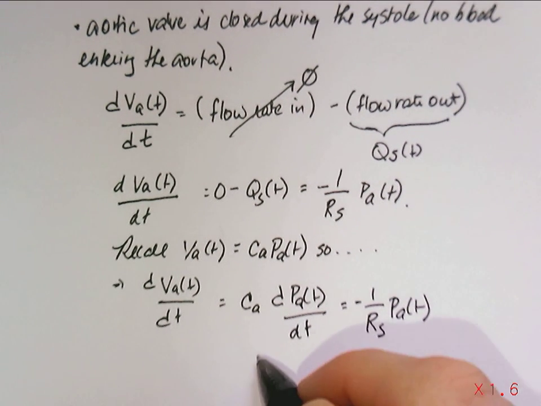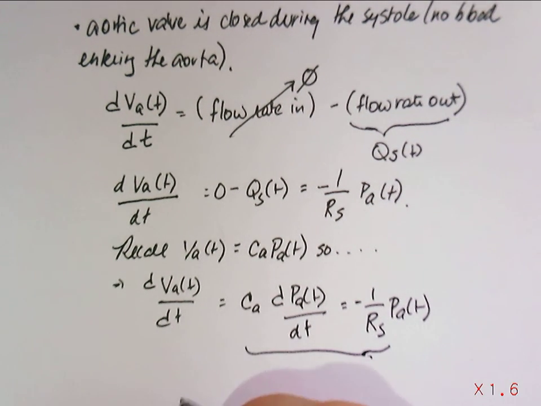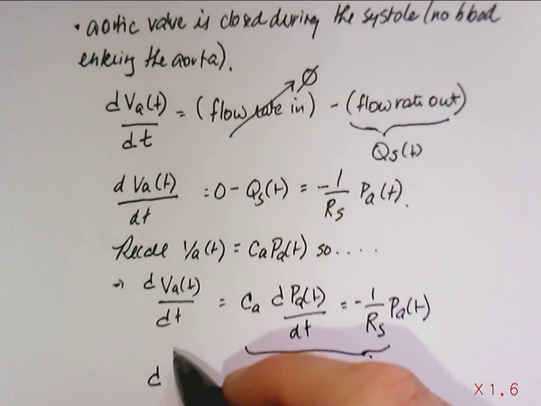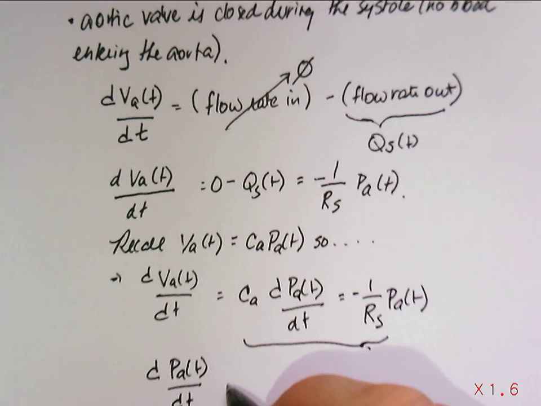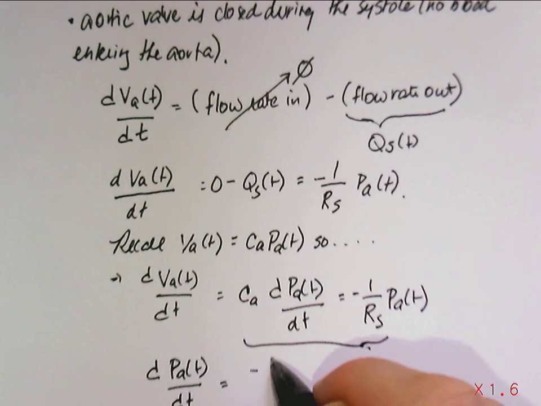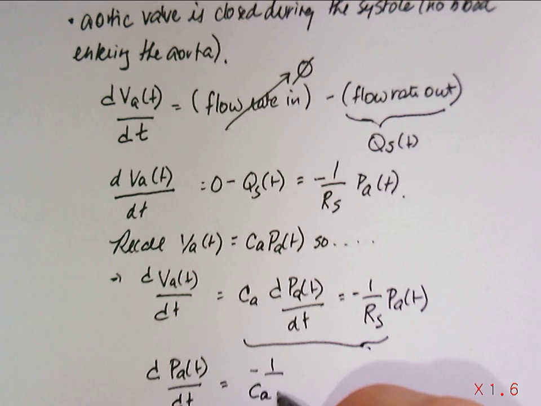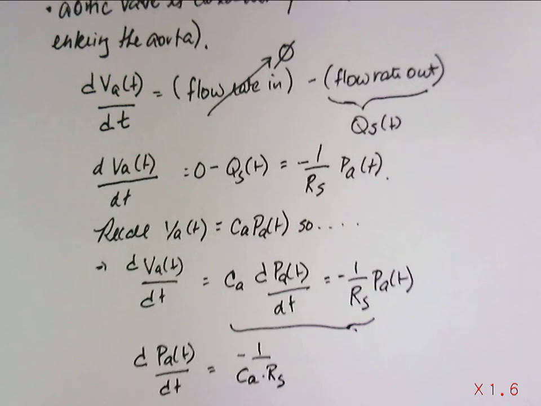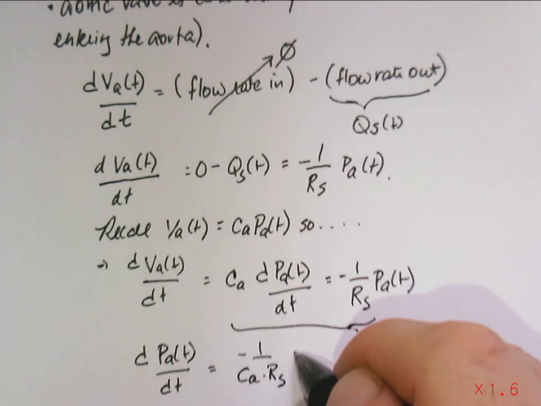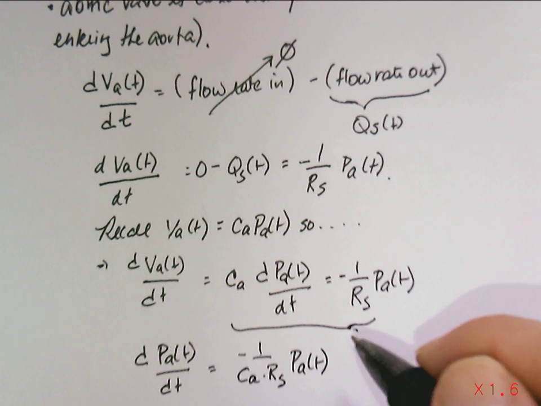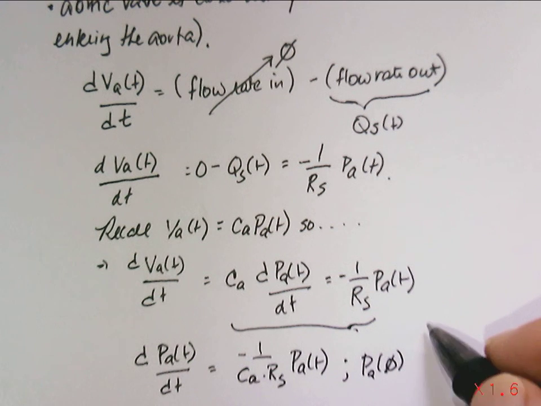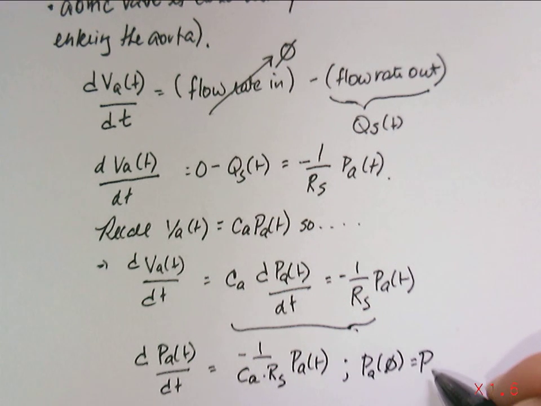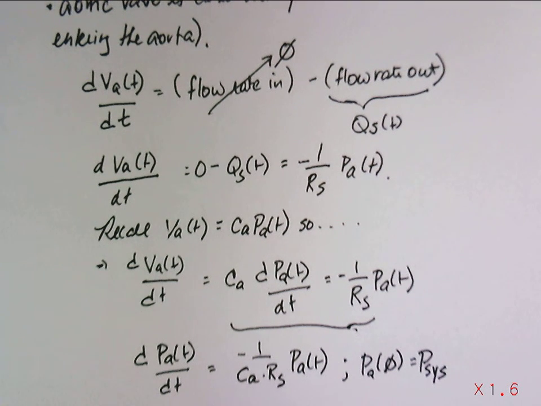And what we have then is this right here, which suggests that the rate of change of arterial pressure with respect to time t is minus 1 over the compliance times the resistance, multiplied by P sub A of t, with the initial condition that the initial pressure is, by definition, the value of the systolic pressure of the heart.